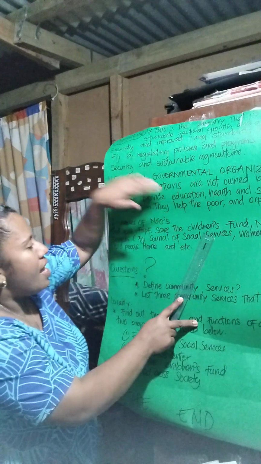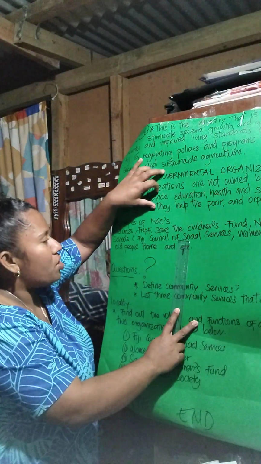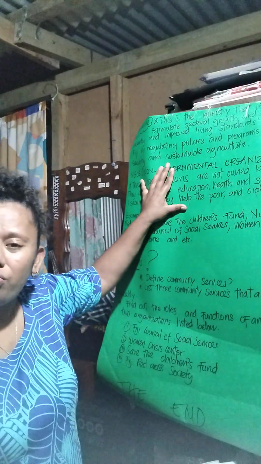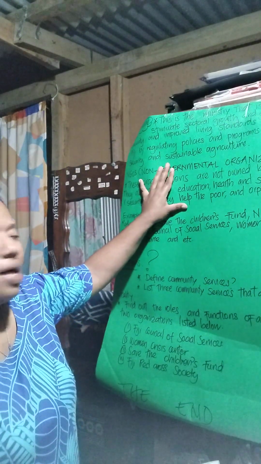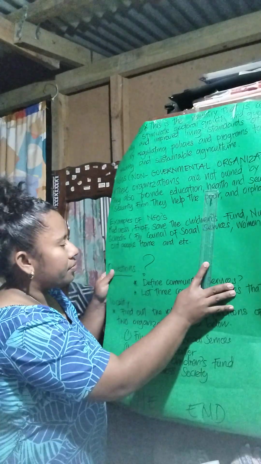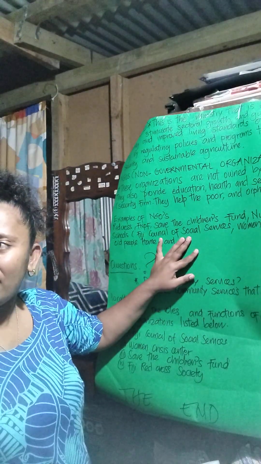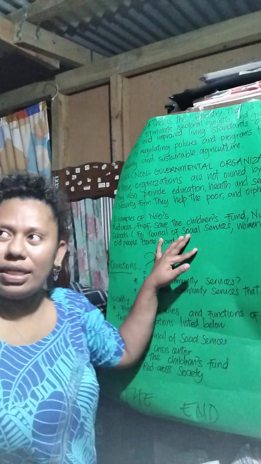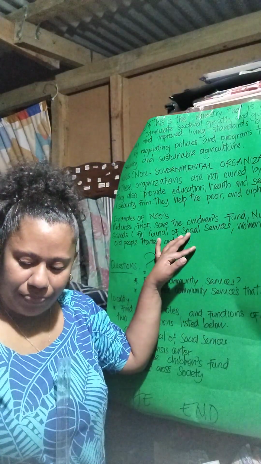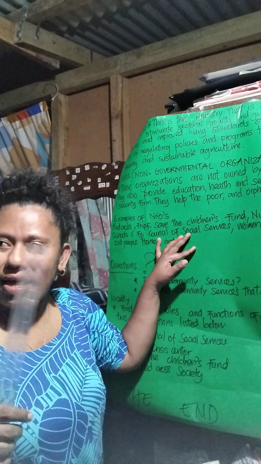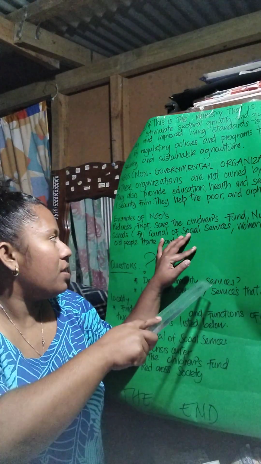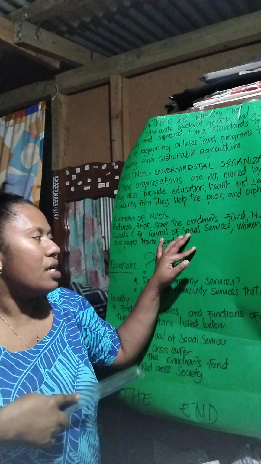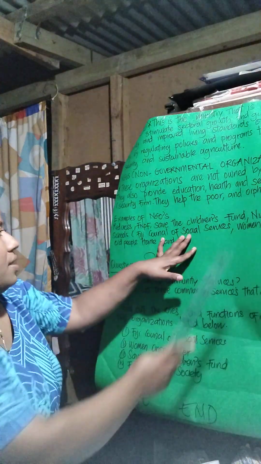Okay, students. Example of non-government organization is Red Cross. What does Red Cross do? Anyone? Red Cross, they assist the communities. For example, if there's a flooding, Red Cross will be there to assist the community or the organization in order to help the community.